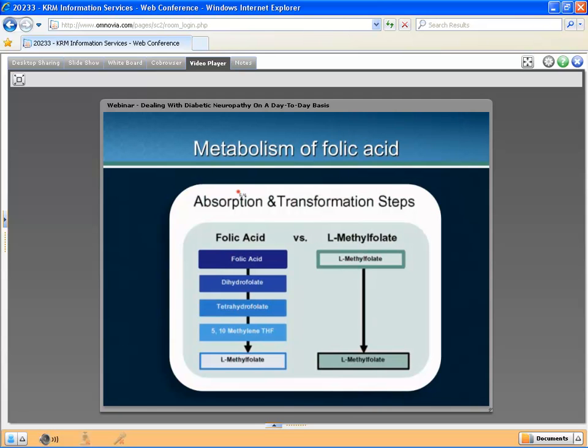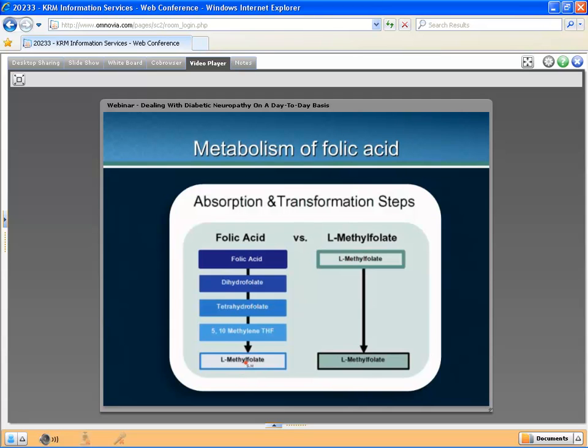Now, the treatment we're doing is called L-methylfolate. I'm going to explain some physiology to you. Folic acid is what you obtain in your diet. Folic acid does absolutely nothing whatsoever for nerve cells. Nerve cells must have L-methylfolate to stay alive and to metabolize.